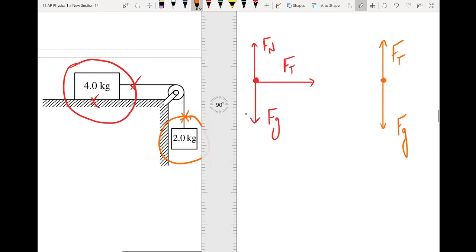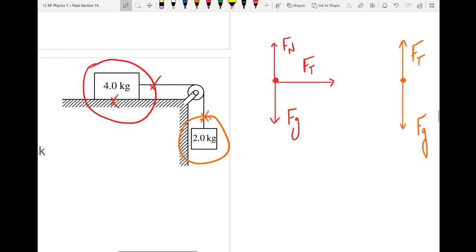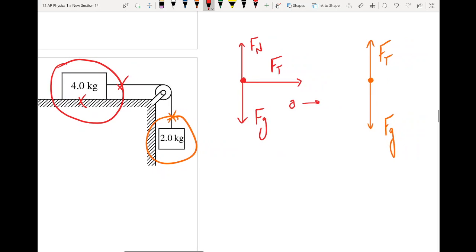And then one thing to note, if we're looking at this situation, we can see very visibly that our 4 kilogram block is going to be accelerating to the right. So we can draw that in just to remind us, okay, this is accelerating to the right. We have this unbalanced setup where it's very clear that this thing has an unbalanced force to the right, which means it's going to be accelerating to the right.